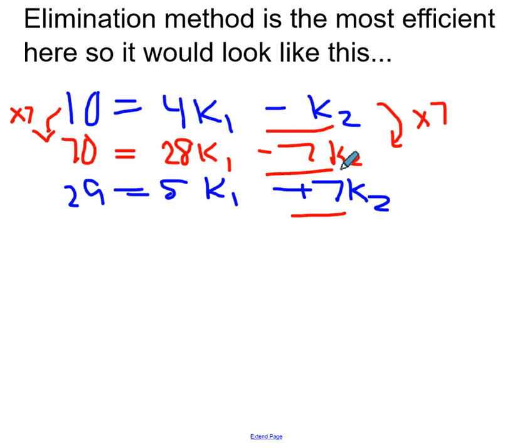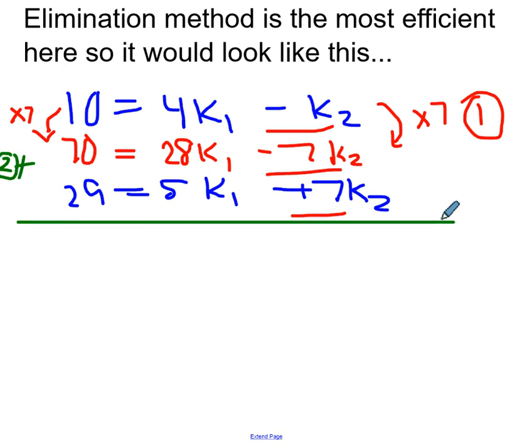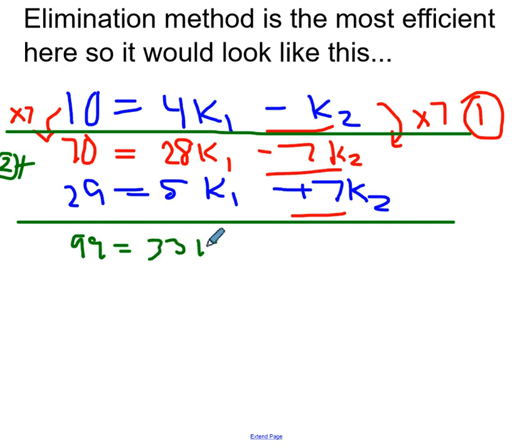So this is my step number 1. I have to make sure I have the same number here. Step number 1, I multiply to have the same number. Step number 2, I'm going to add them up. So I'm just going to make a line here. So 70 plus 29, that's 99. 28 plus 5, that's 33 k1.